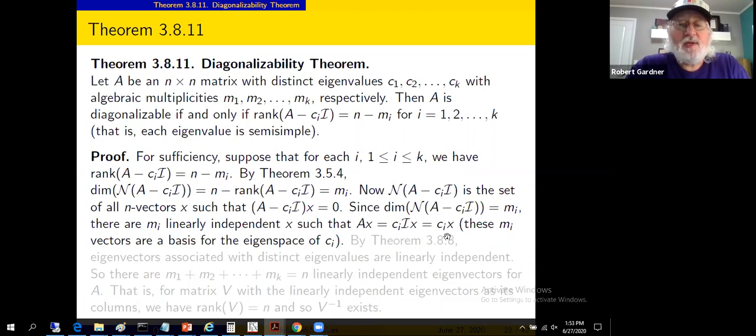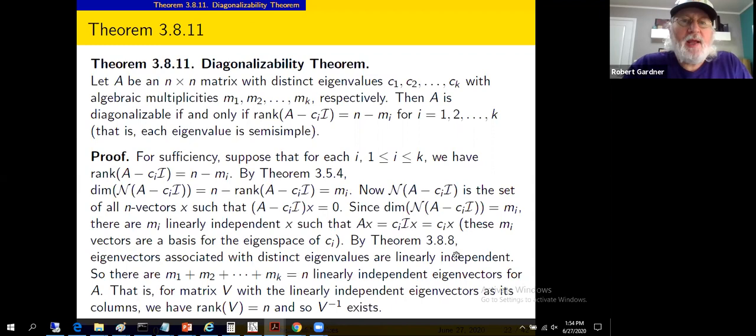And so we see that these linearly independent vectors, the m sub i elements of a basis for the null space, consist of eigenvectors associated with c sub i. So these m sub i vectors are linearly independent. These m sub i vectors, in fact, are a basis for the eigenspace associated with that eigenvalue. So for eigenvalue c sub i, we've found m sub i linearly independent eigenvectors.